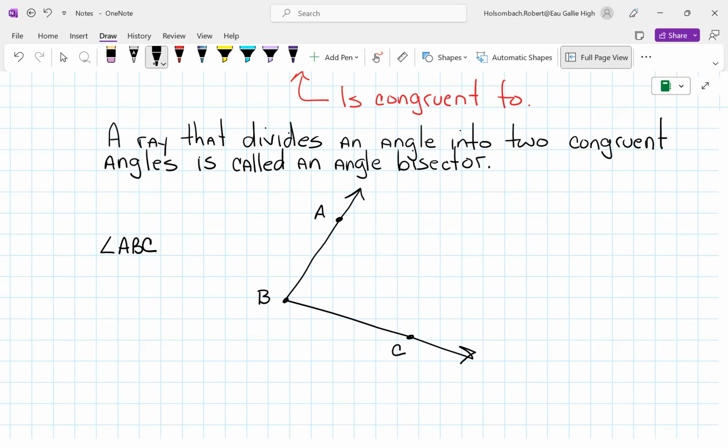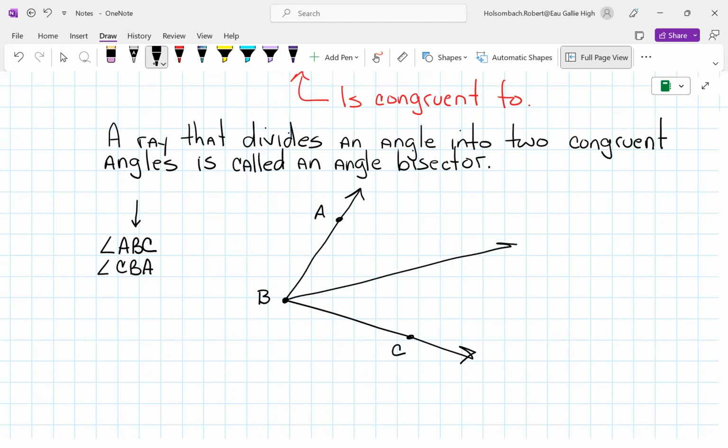You could also describe this big angle as angle CBA. If you'll notice, in both descriptions the vertex of the angle is in the middle. That's required when you're naming an angle. Now we've got this big angle ABC. To the best of your abilities, we're going to try to draw a ray starting at point B, going out to the right, that splits ABC into two congruent angles.